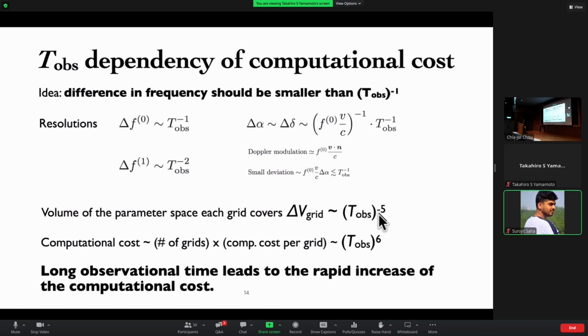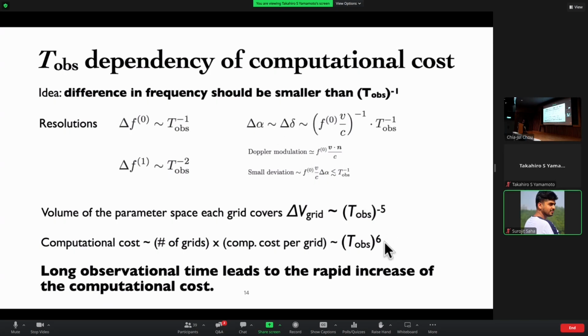Each grid point in the parameter space should cover a certain volume, and the number of grid points scales as T observation to the power of 5, coming from multiplying all these resolutions.